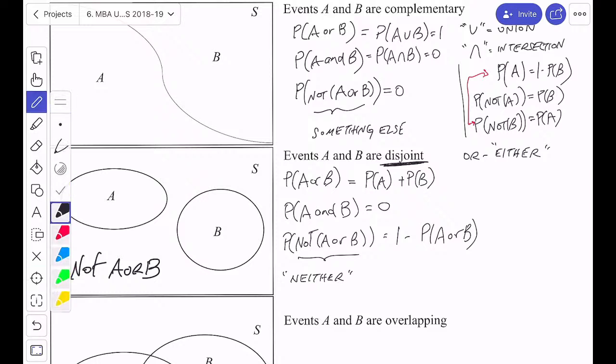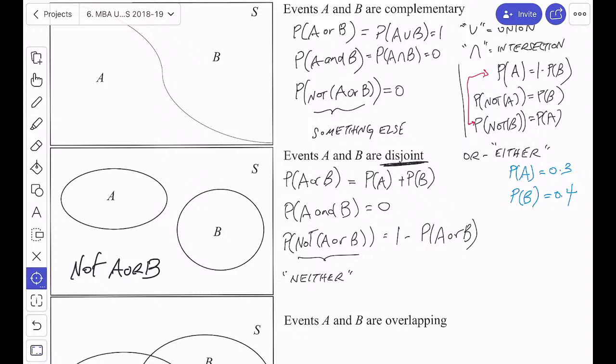So let me give you some values for A and B. I'm going to use the same ones I wrote above, and you can calculate now the probabilities. So we get 0.7 for the chance of either of them happening. And the opposite of that is 0.3, but let me write it all down.